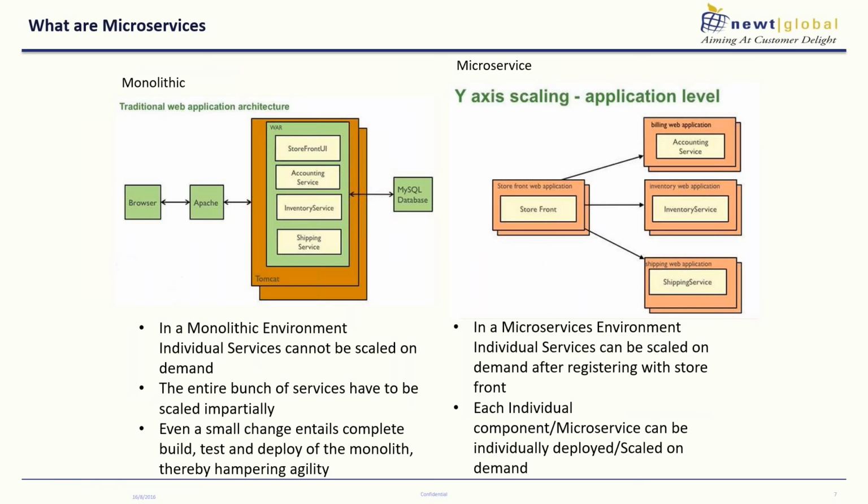Which means you have one giant application having all these features as classes and methods that you have implemented. This is called a monolithic application because at the end of the day the artifact is only one, which encompasses all the services.